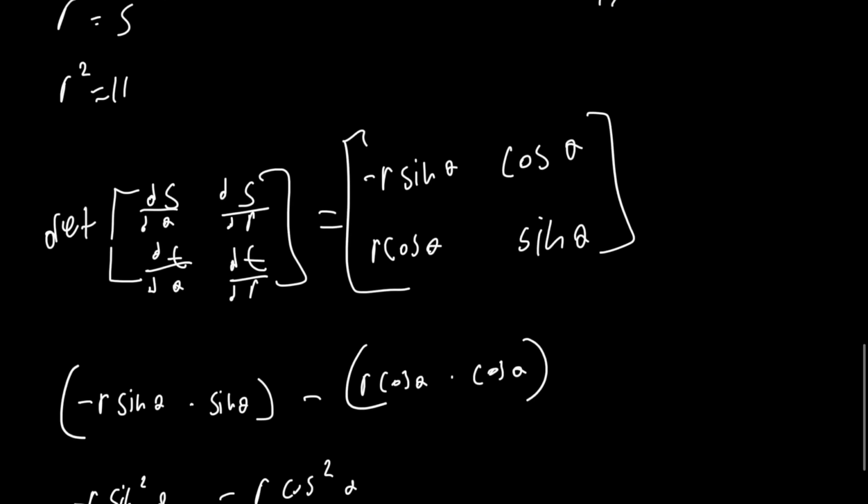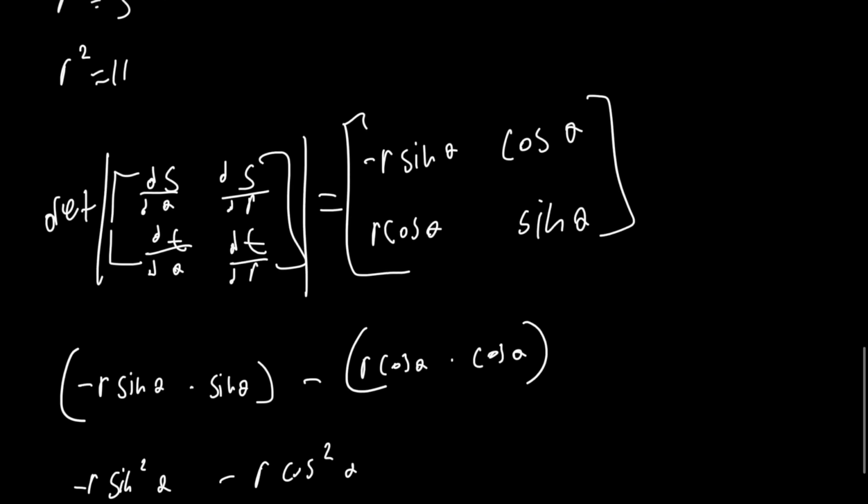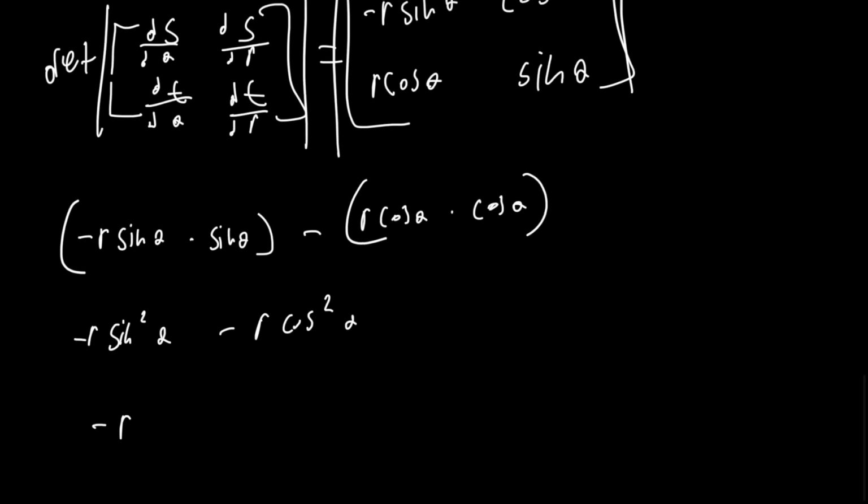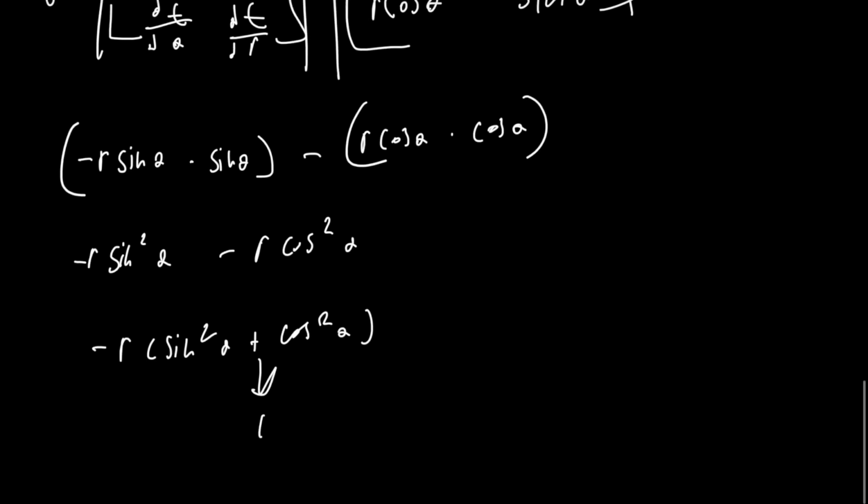Oh, I'm sorry. There's actually an absolute value right here. On all determinants, really, but you don't really need to show it on most of them. But negative r times sine squared theta plus cos squared theta. This is 1, so negative r times 1 equals negative r. Absolute value equals r. So this is our Jacobian. r is our Jacobian, just r.